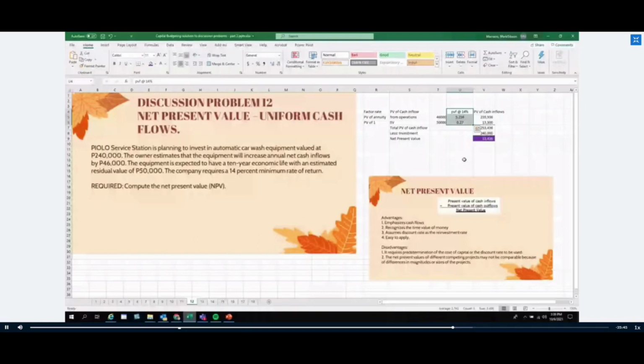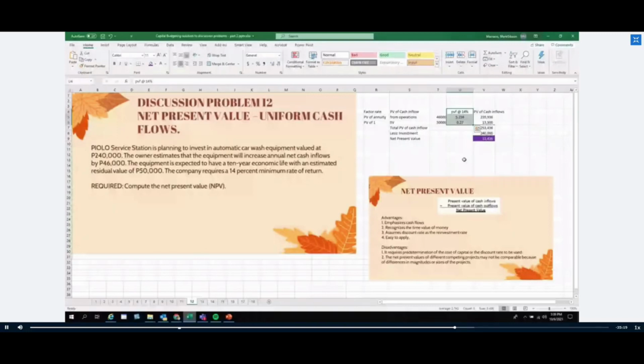Kasi remember, we have two sets of tables. It could be that the present value factors are provided in the problem. So that's one. Or number two, kung hindi provided, kailangan natin computein. To answer the question on how to compute the present value factor, you have to refer back to the time value of money discussion.